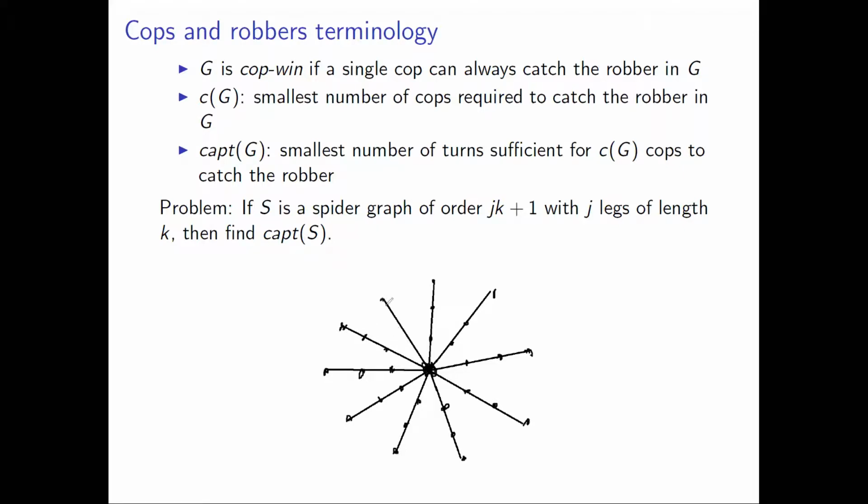So this spider that I've drawn here, this one has k equals 3, and it has j equals, looks like 10.